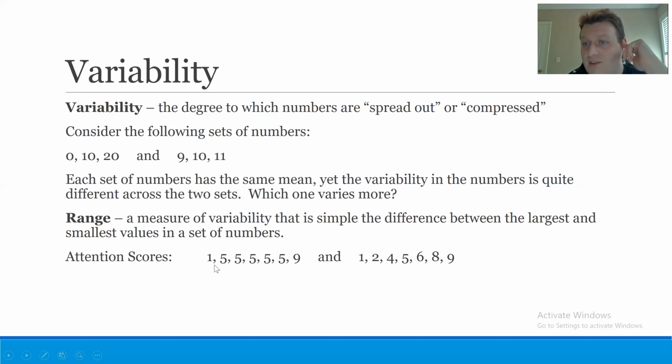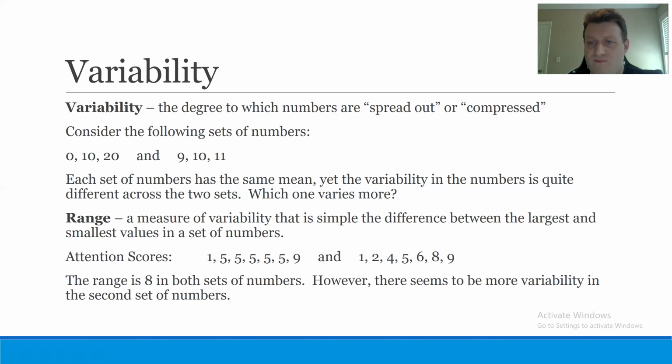That's because the range only takes into account 2 values, the highest and the lowest. So the range isn't that good of a measure of variability. It looks at the 2 extremes, but it doesn't tell us the amount of variability if we're looking at the entire data set. So how should we go about looking at variability in the entire data set? Well, one way that we can do it is looking at something known as the variance.